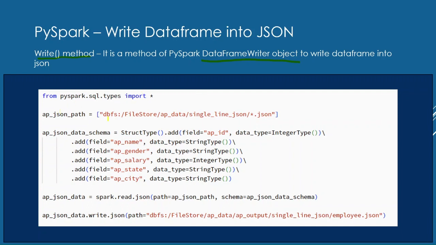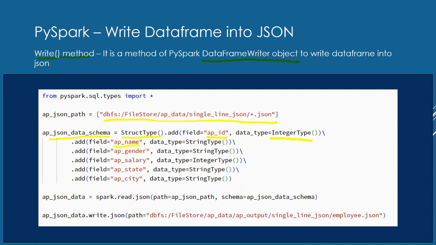First we are going to read a JSON document with the help of a custom schema. Here we are defining the custom schema with the help of a struct type. We are defining 5 columns and their data types. AP ID is the name of the column, data type is integer type.